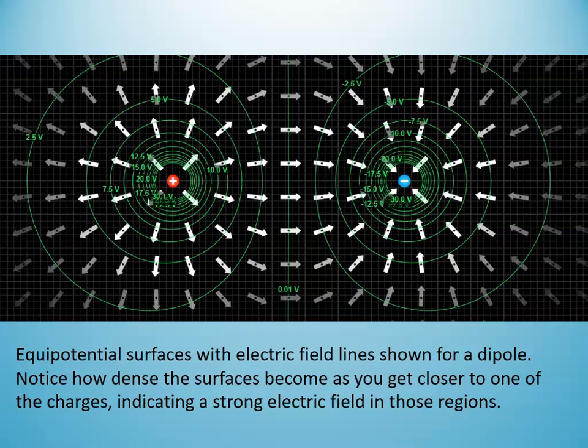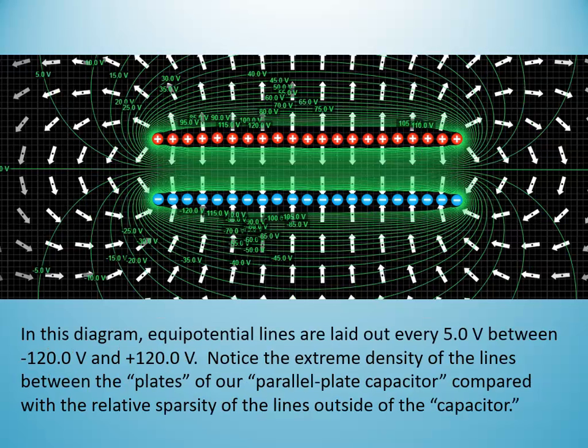I've used the Charges and Fields PhET simulation to model this situation, and I've just placed equipotential surfaces at units of 5 volts increment away from each other. Notice that they get tighter and tighter as you get closer and closer to the charge, until after a while I got tired of drawing them. So what that tells us is that the electric field strength is stronger as you get closer to the charge.